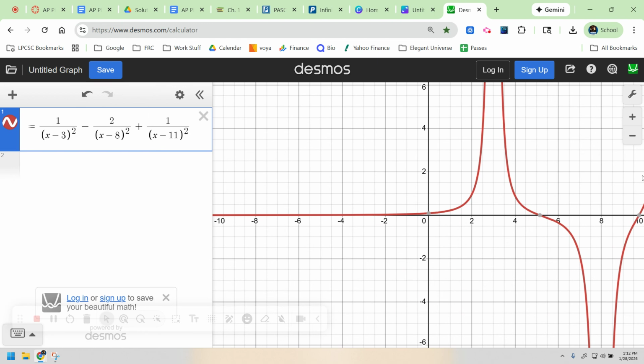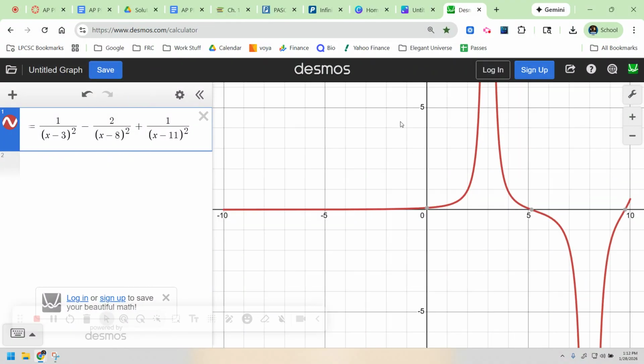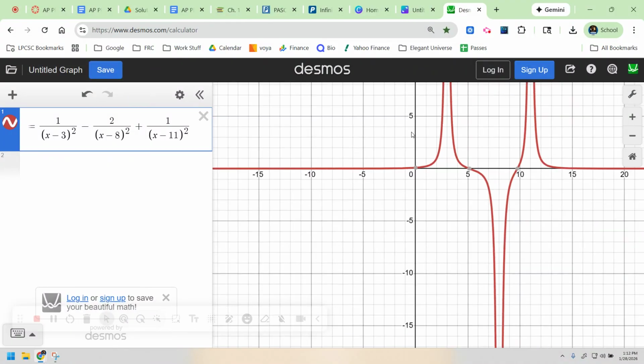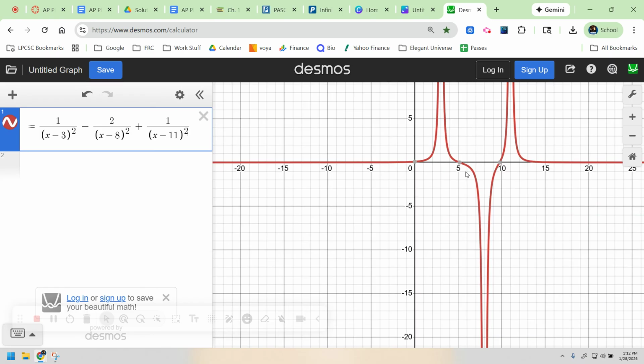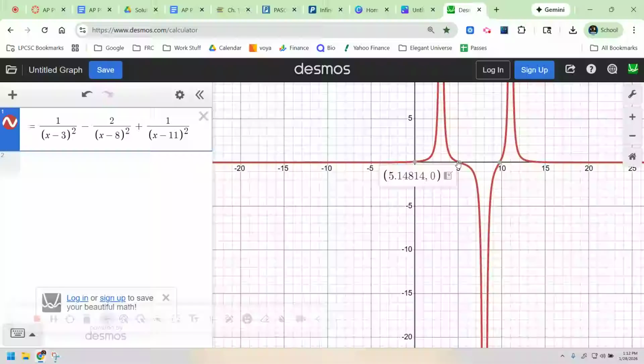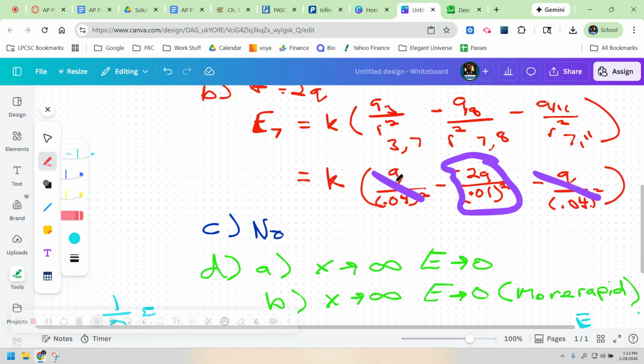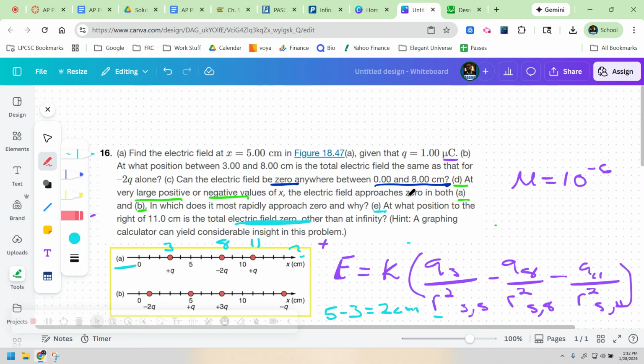All right, so when you look at the graph, it crosses quite a bit, right? It's saying that at this number, 5 point something, the electric field equals 0. But remember, the question says past 11, to the right of 11.